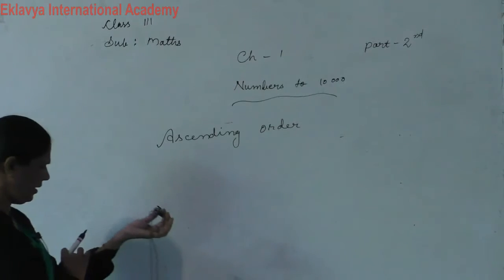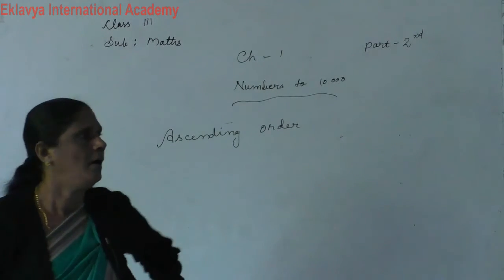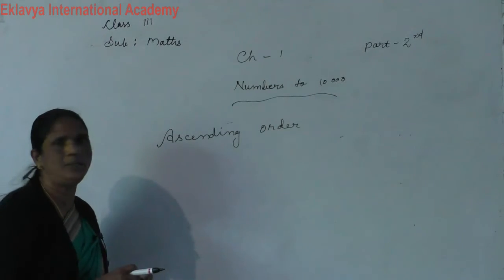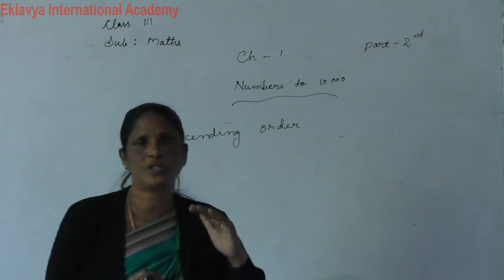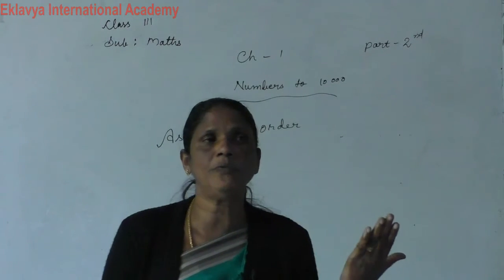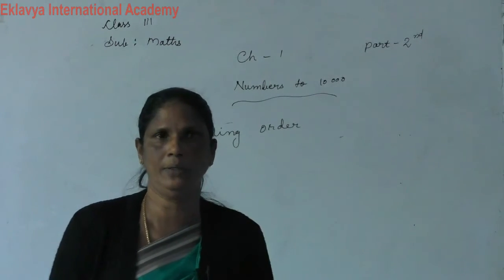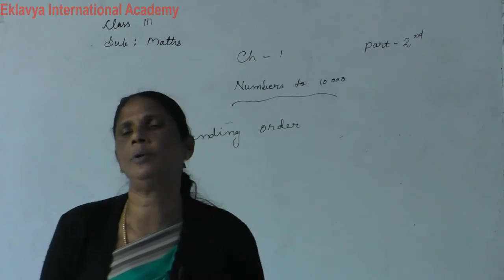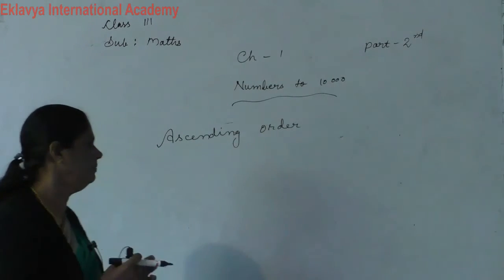Arrange in ascending order. How to arrange in ascending order? Ascending means smaller to bigger. The other name of ascending order is increasing order.